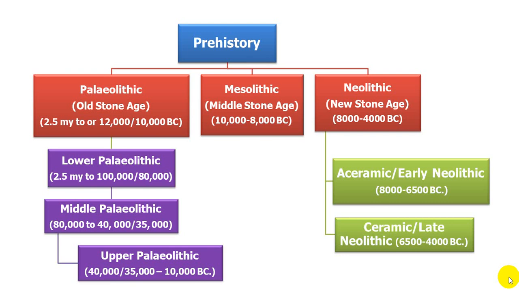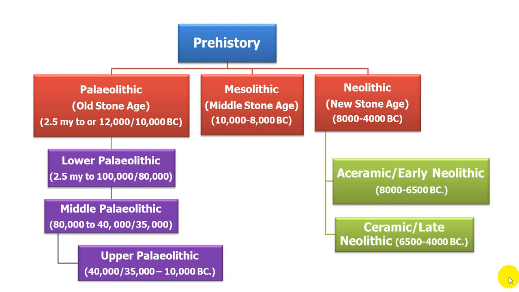Paleolithic, the first category, is again divided into three sub-periods. The first one is Lower Paleolithic, starting from 2.5 million years up to 1 lakh or 80,000 years before present.